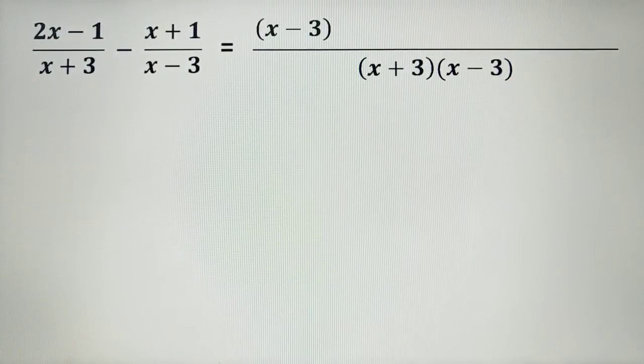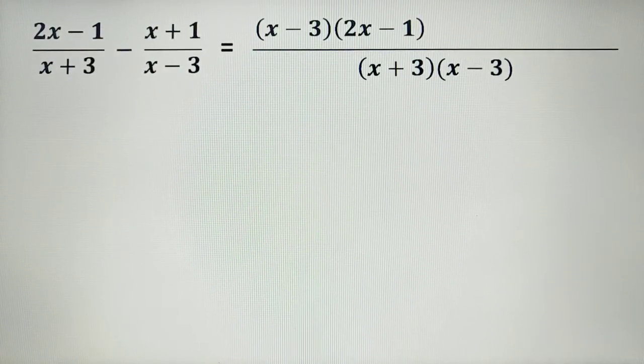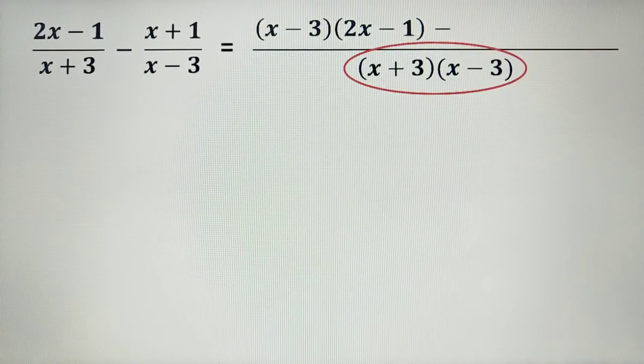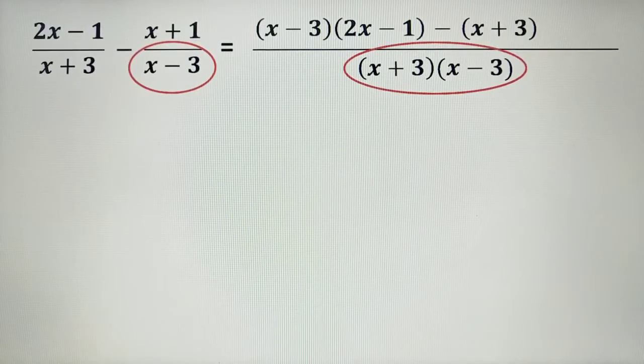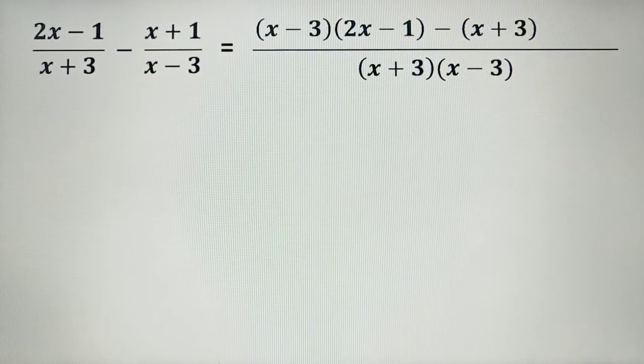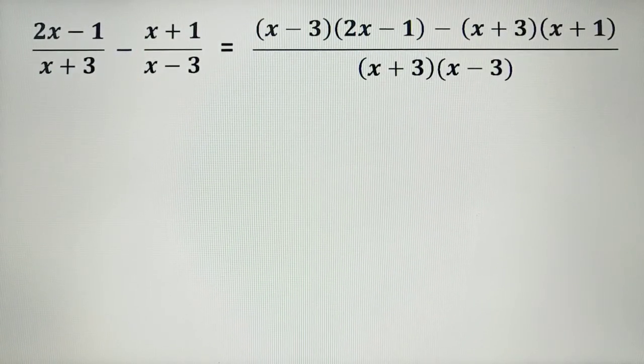Then we will multiply it to the numerator 2x minus 1 minus, let's divide this LCD by the denominator x minus 3. The answer is x plus 3 times the numerator x plus 1.